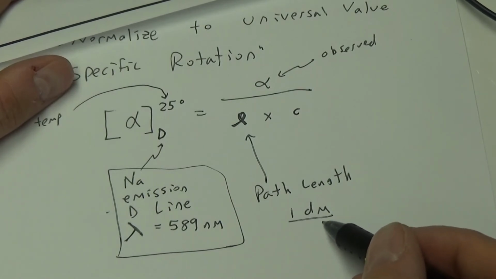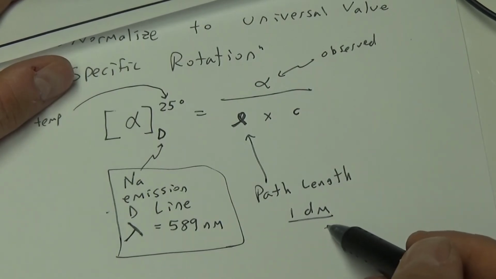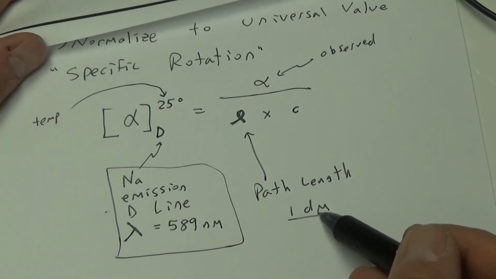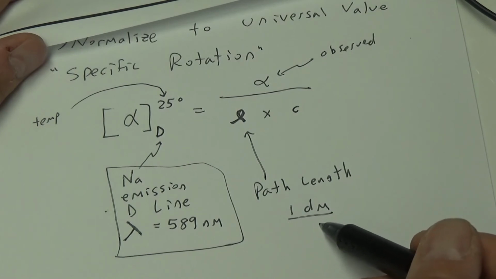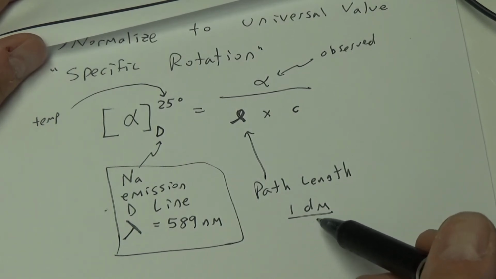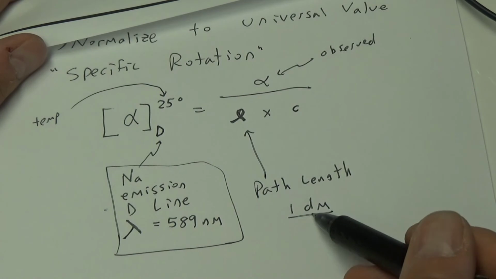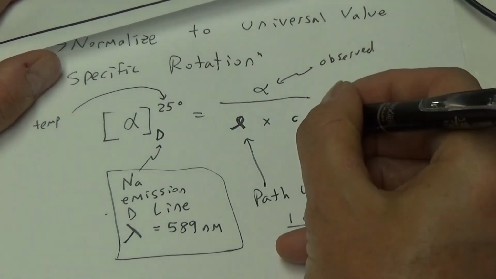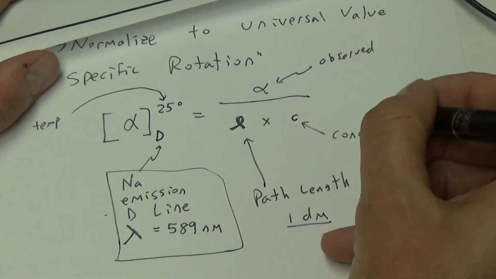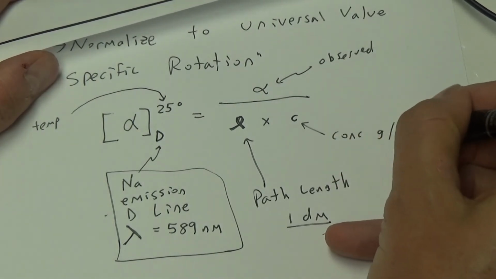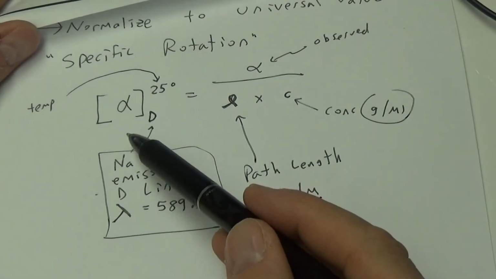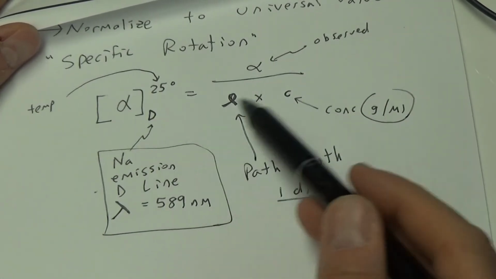The standard path length is 1 decimeter, which is 10 centimeters. This is the only instance in science that I know where decimeters is actually used, because nobody uses decimeters. You always talk about centimeters or meters, but here they measure it in decimeters. And then C is the concentration in grams per mL.